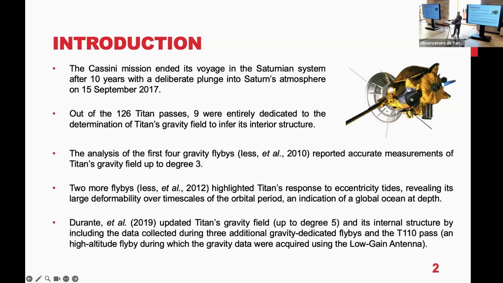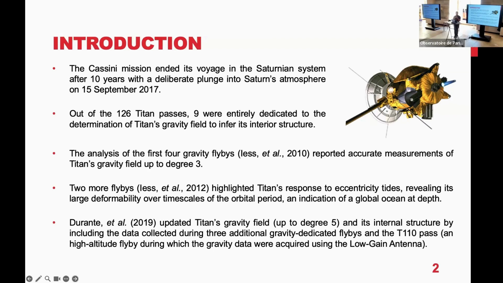In 2010, this provided the first determination of the gravity field of Titan up to degree and order 3, whereas in 2012, the first determination of the tidal response to eccentricity tides forced by Saturn was presented.